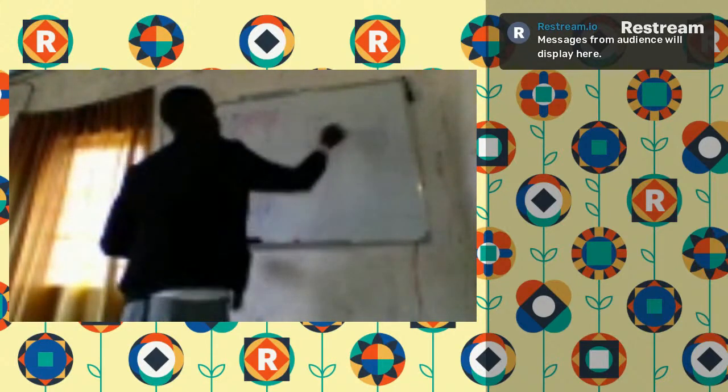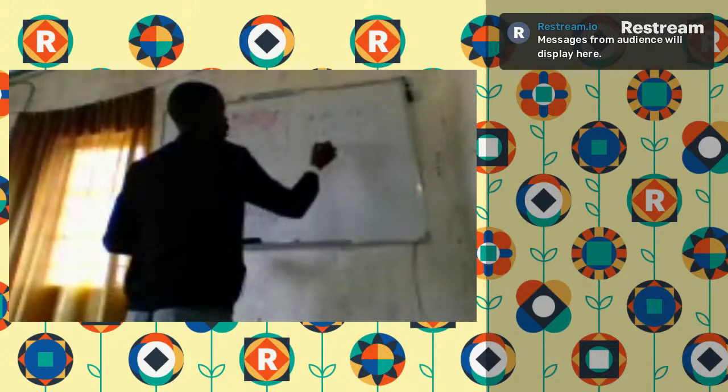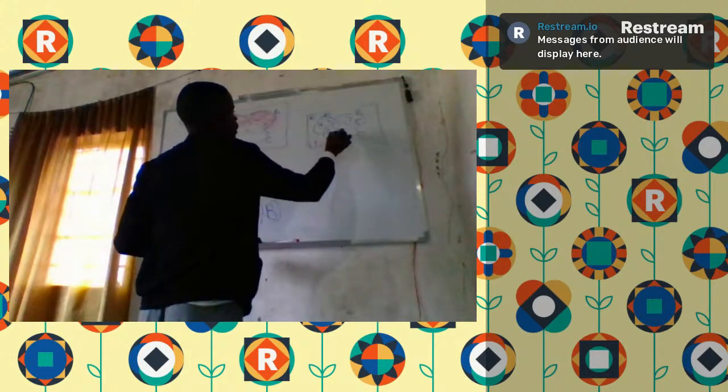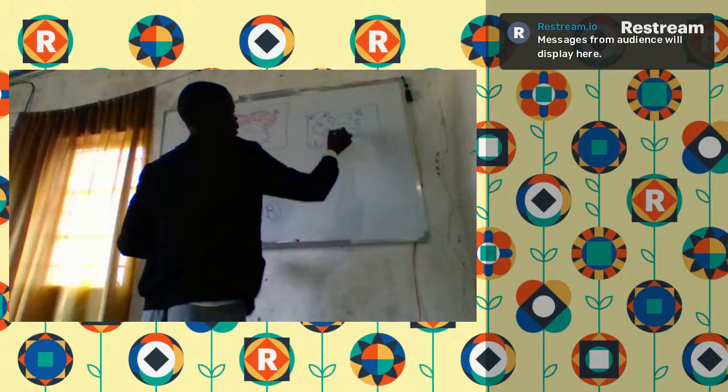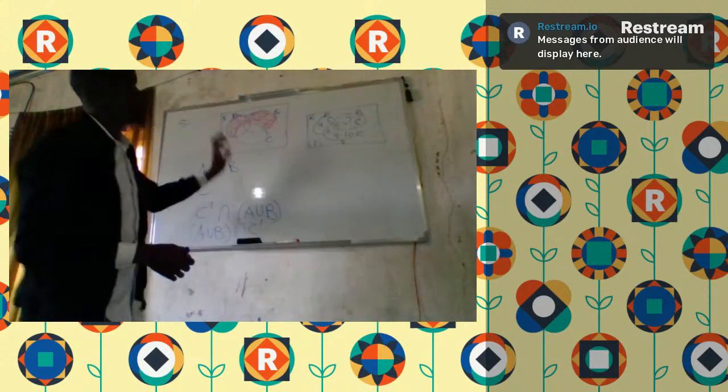So if you were to list, let me give an example that is clearer. I hope my battery lasts before I finish. Let's say you have this set here. Let's say you have 1, 2 here, and then you have 6, 8, then you have 9, 10, then you have 11.